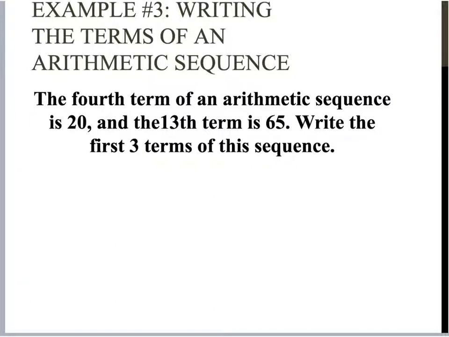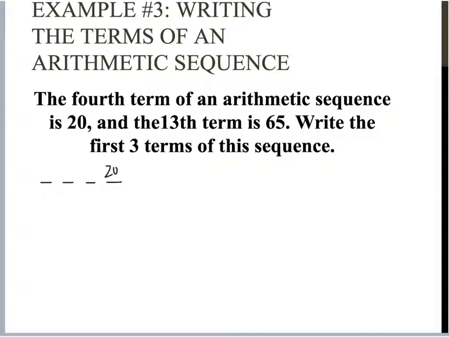Well, here's the deal. Instead of us having to go through all this and figure out what all the numbers are, right? Because, for example, we could go through this method: you don't know what the first four numbers are, but the fourth number is 20.